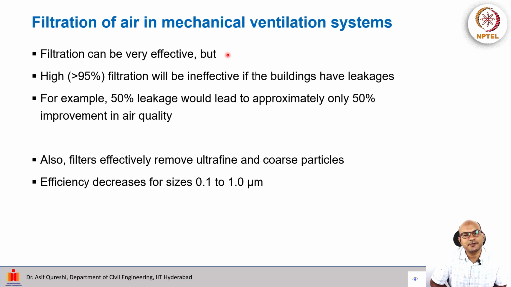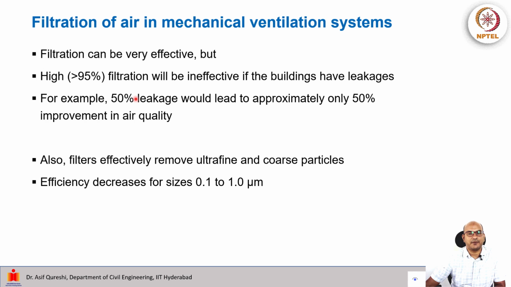In fact, it has been reported that even a very high filtration, up to 95% filtration of the incoming air, will be rendered ineffective if the building has leakages. So the leakages are sort of countering the entire effect of our good ventilation and good filtration of incoming mechanically ventilated air.